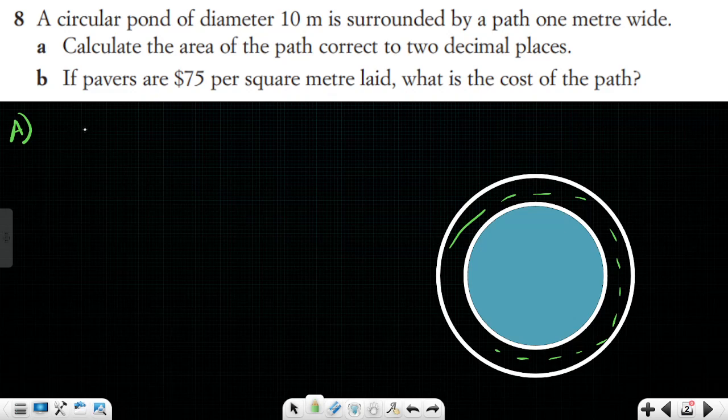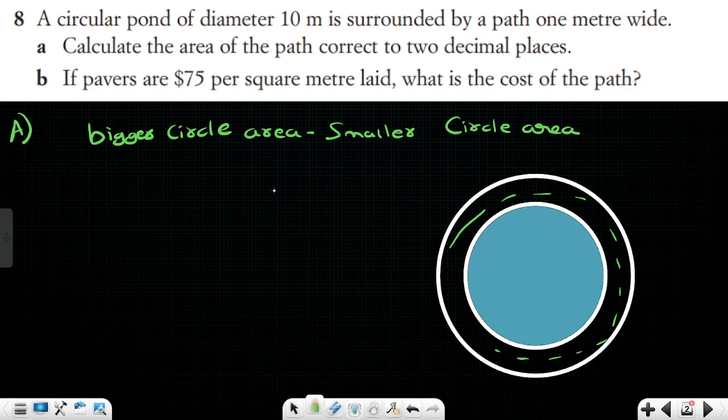So that's going to be the bigger circle area minus the smaller circle area. The bigger circle area will be pi into the radius of the bigger circle.